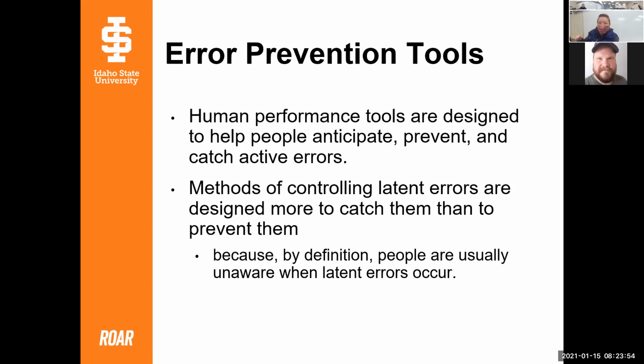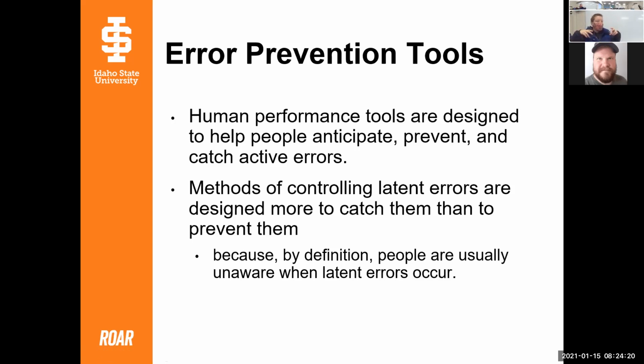An undetected situation or circumstance created by past actions. Yes. So by definition, people are unaware when latent errors occur. So our error prevention tools are only going to help us with active errors, when we're aware that an error occurred, okay? But there are a number of tools that can help us.